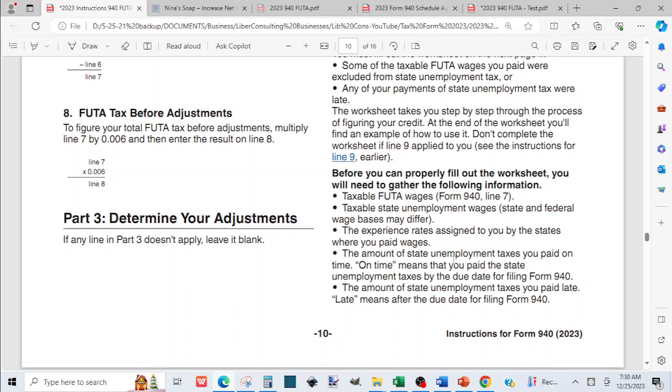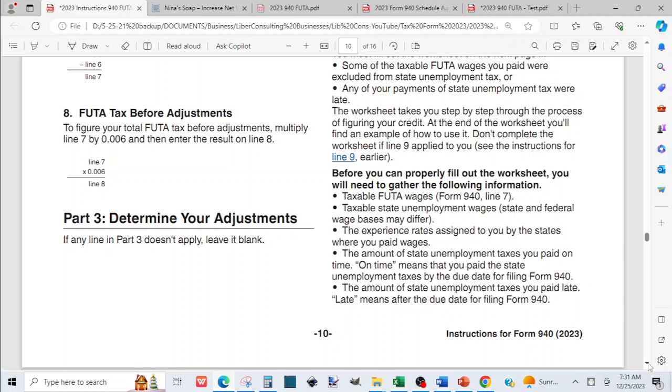The amount of state unemployment tax you pay on time means that you pay the state unemployment tax by the due date for filing Form 940. The amount of state unemployment tax you pay late means after the due date of filing Form 940.